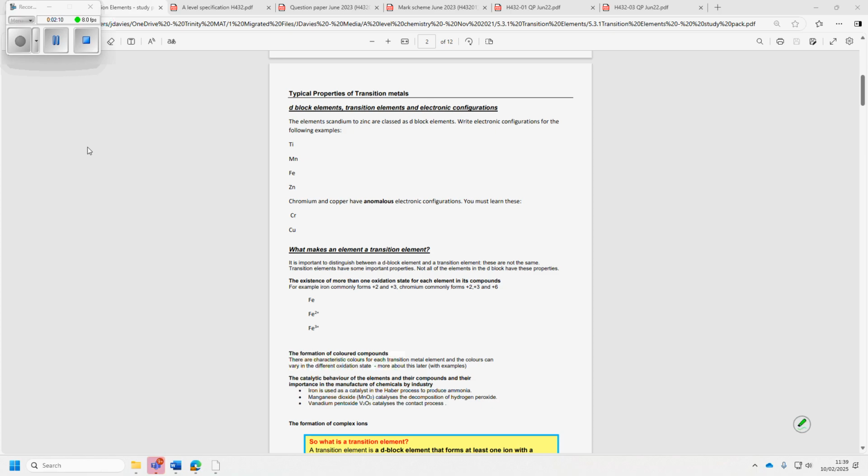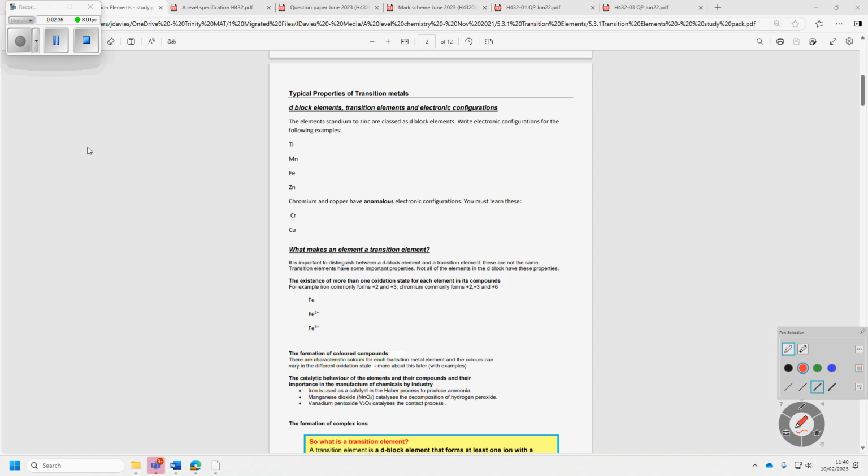And hopefully what you've remembered is that when we're putting electrons around the atom, we put electrons into the 4s subshell before the 3d subshell. So if you need to pause the video whilst you write out the electronic configurations, please do that now.